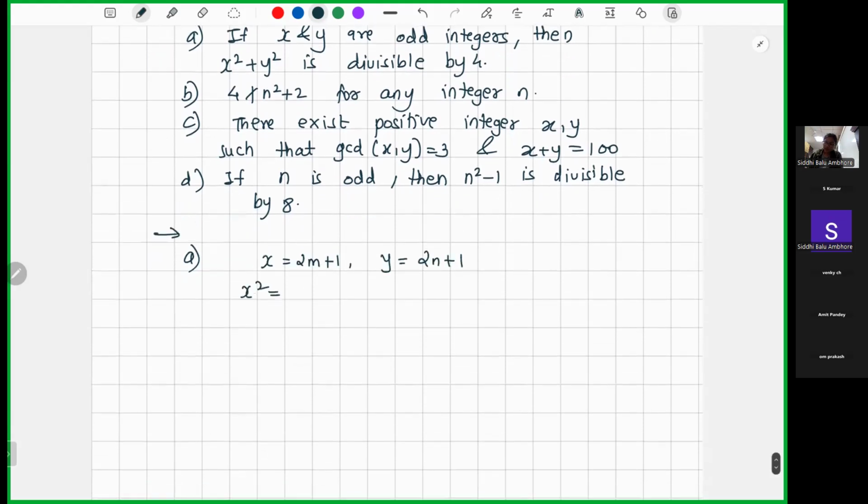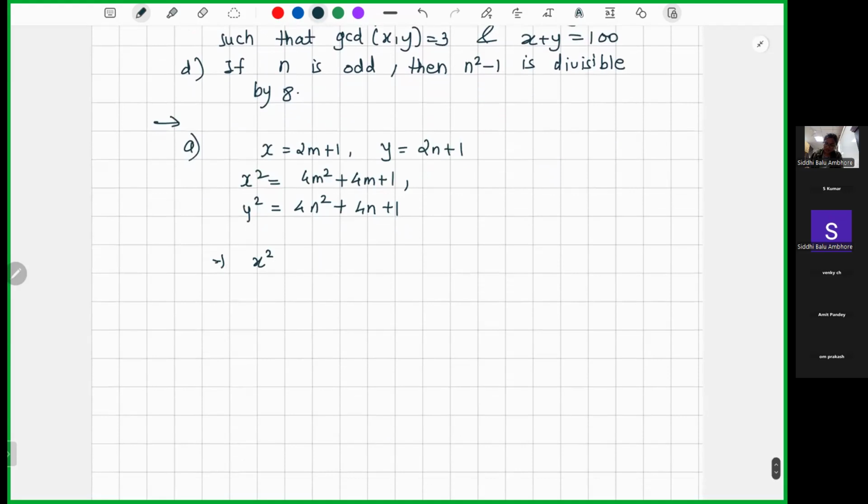So x square is 4m square plus 4m plus 1. Y square is 4n square plus 4n plus 1. And their addition, x square plus y square, is 4(m square plus n square plus m plus n) plus 2. So this part divides by 4, but this need not divide by 4.